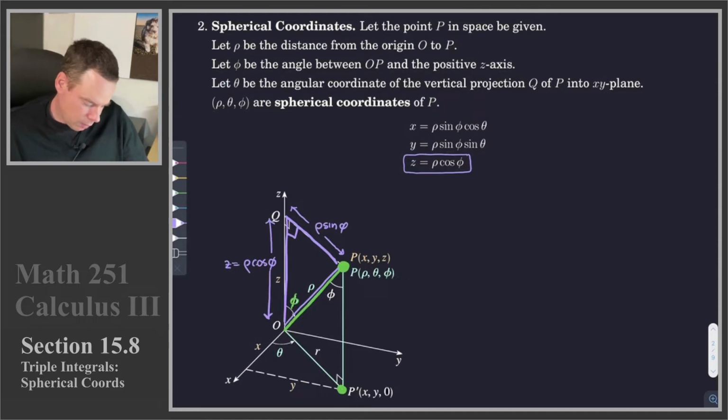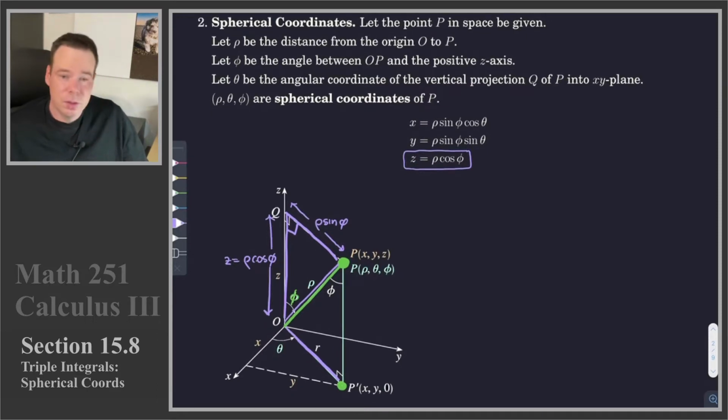What else do we have? Well, that rho sine phi is actually just the length of this line segment down in the plane below. Or rho sine phi, you can think of it as the distance from the original point to the z-axis. So that's our r value if we want to think about it in terms of polar coordinates.